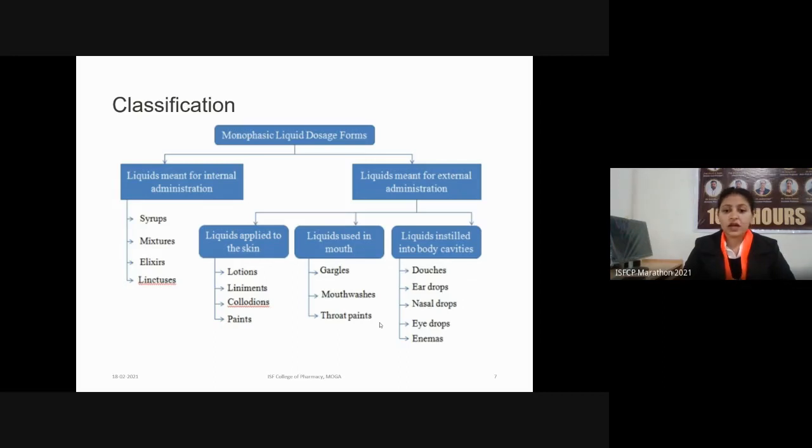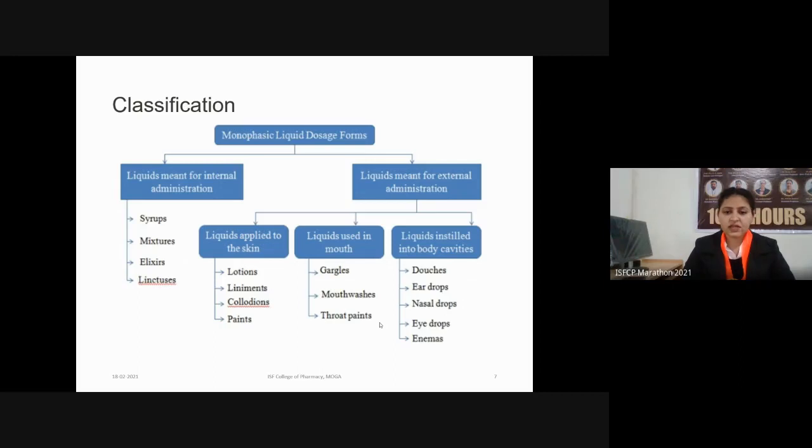And the liquids that are meant for external administration are further classified into three categories. Those three categories are the liquids which are applied to skin, the liquids which are used in mouth, and the liquids which are inserted in the body cavity. The liquids that are used on skin are lotions, liniments, and paints.